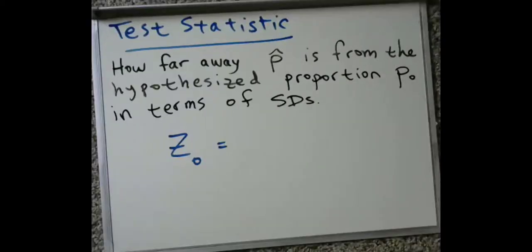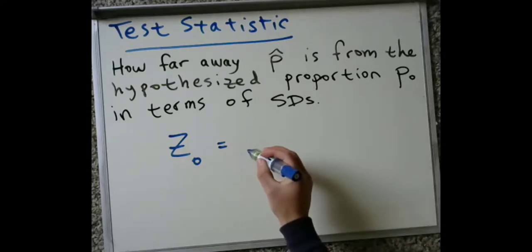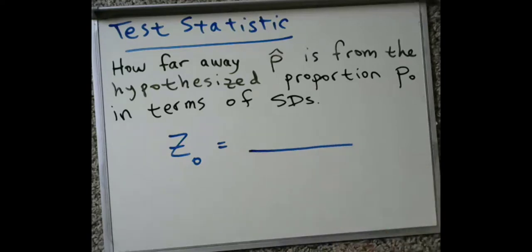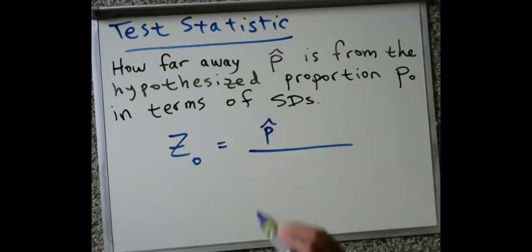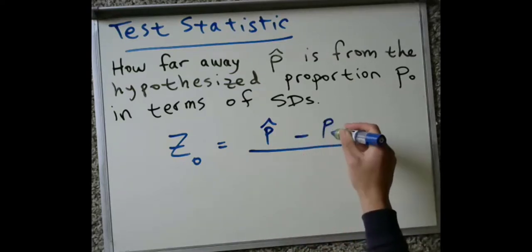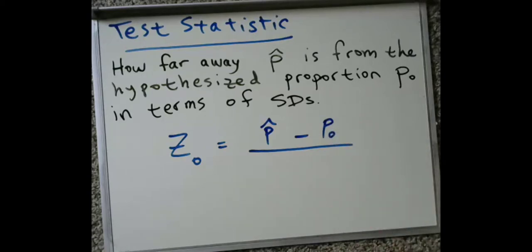So I'm going to write a formula here, and this formula will hopefully look a little similar because we've seen it already. We've been building up to this stage for the past several weeks. This starts with p hat, the sample proportion. And we want to see how far away it is from the proportion in the null hypothesis. How different are they?